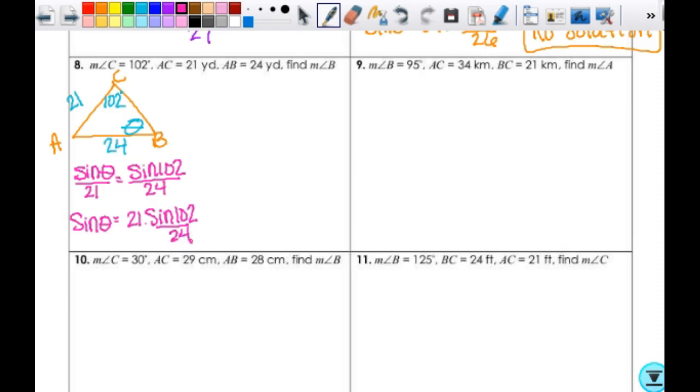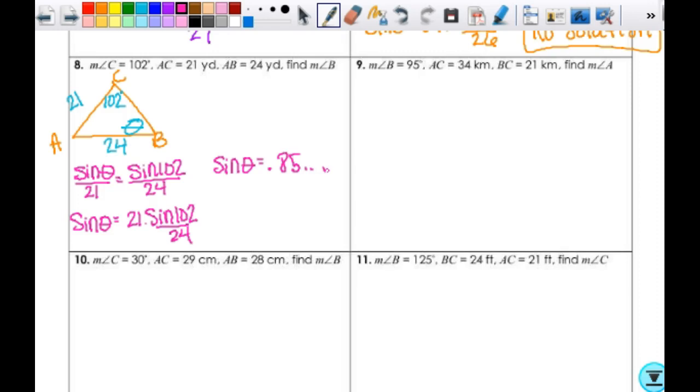So go ahead and type that in. So when I do that, and I'm going to write it down, I didn't the very first time, I did the second time, but I'm going to say, okay, well that means that what I got in the calculator, sine of theta equals 0.85 blah, blah, blah. So at least that 0.85 number right there, that's between -1 and 1, so I'm good.